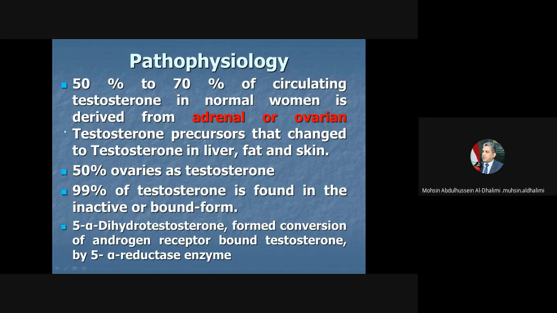And these arise first as testosterone precursors، مكونات التستوستيرون، وراح تتحول إلى تستوستيرون بالليفر وبالفات and even in the skin.